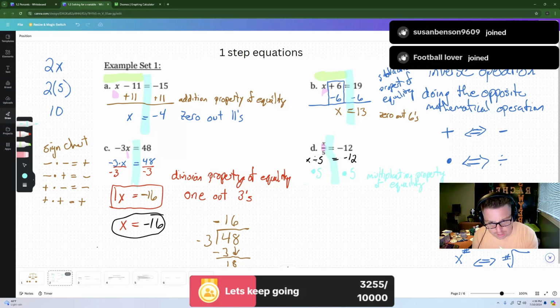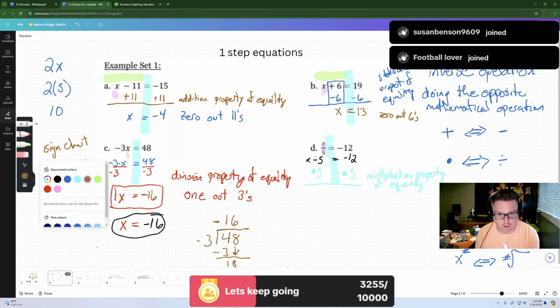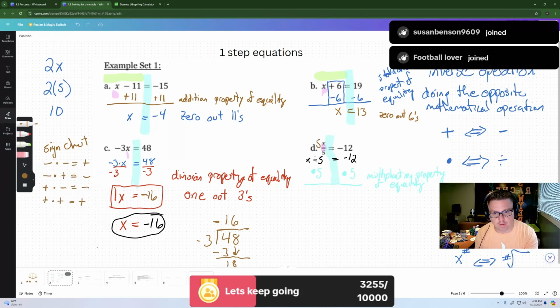And when we do that, what is going to happen to our 5s? Well, a 5 below and a 5 above, 5 divided by 5, we go back to that one idea. We are wanting out the 5s. And we're going to drop our equal sign down on our highlight, and then we just do negative 12 times 5, and we're going to get negative 60.